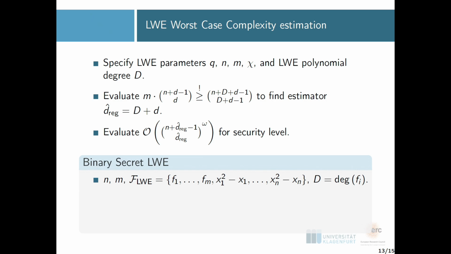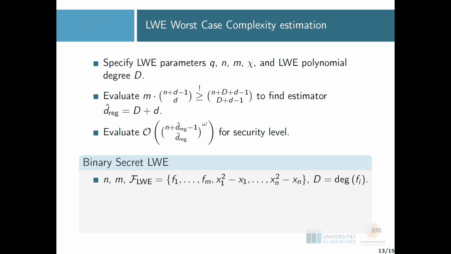Now we want to get the degree of regularity, which means we have to generate homogeneous polynomials in a certain degree. The monomials are a basis of the homogeneous polynomials. Now we can have two kinds of monomials: monomials that contain a square and square-free monomials. If I give you a monomial that contains a square, then trivially it's going to be generated by some xi squared, which is the highest degree component of this binary secret LWE system.